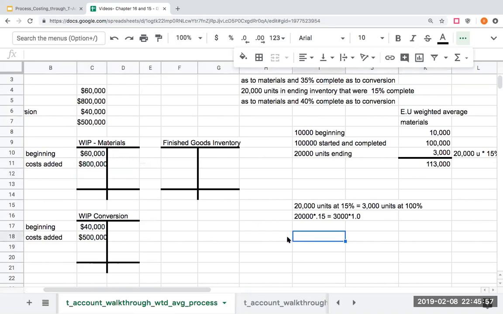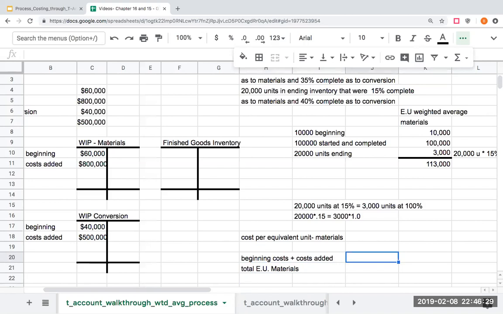So what I need to do in this case is have equivalent units for materials, basically the cost per equivalent unit for materials. And when we're doing weighted average, what we're going to include is the beginning cost plus the cost added. And this is all going to be divided by my total equivalent units for materials.